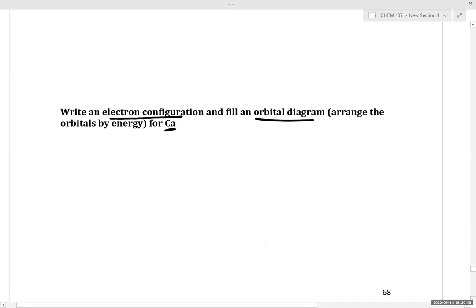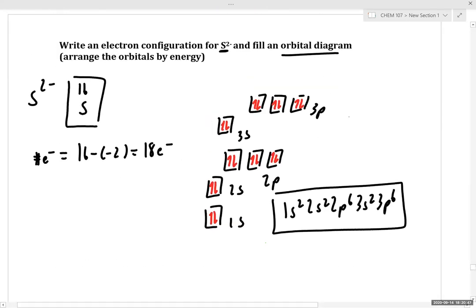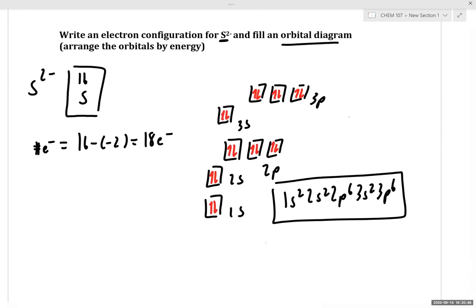Sure, I can scroll up for the last question. And we'll discuss the example for calcium's configuration momentarily.